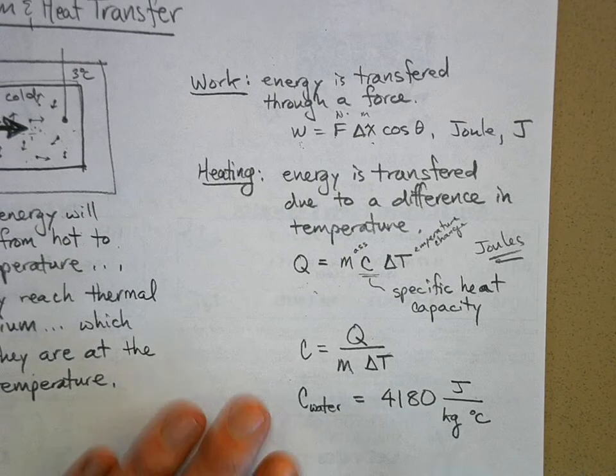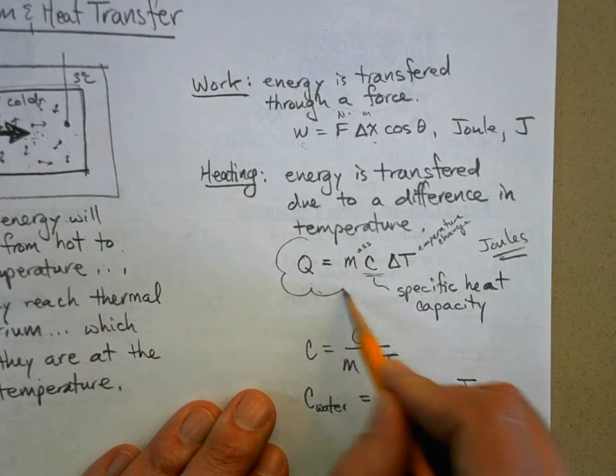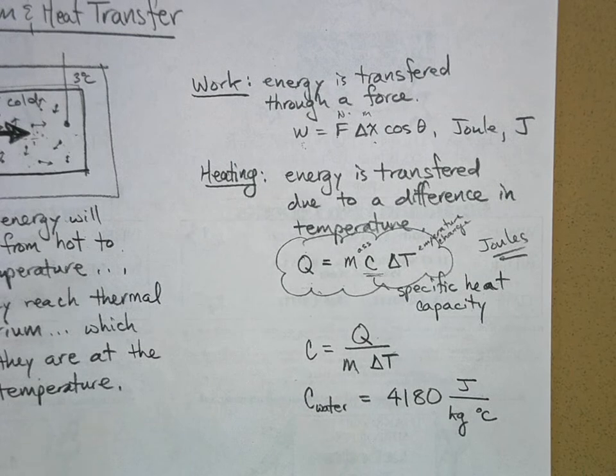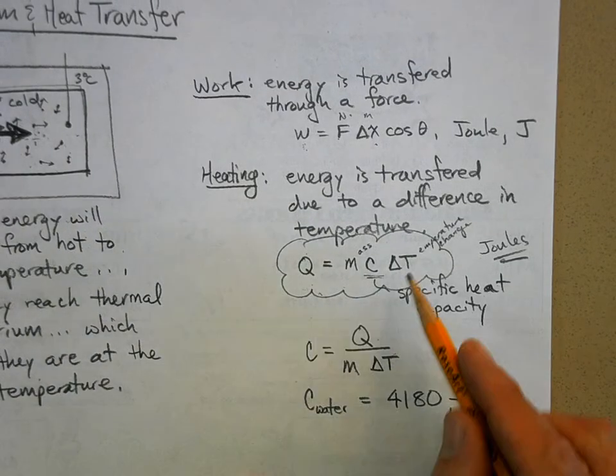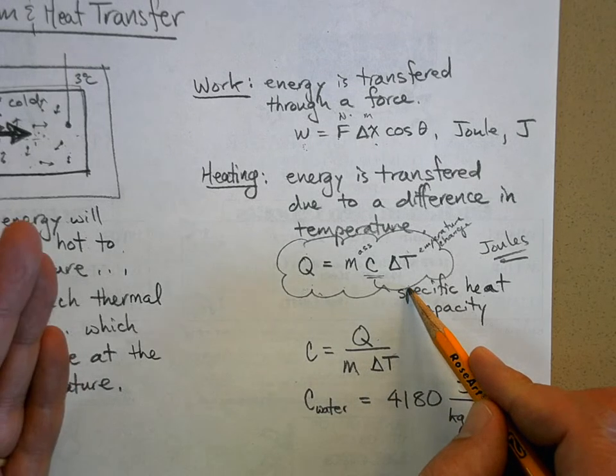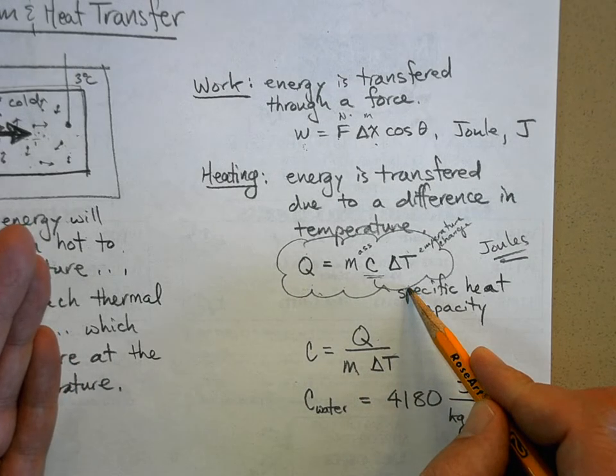So this is the formula for figuring out how much energy is transferred out or into a material. Now, let's say you transfer energy into a material. Then delta T is going to be positive, isn't it? You're going to have a positive change in temperature.